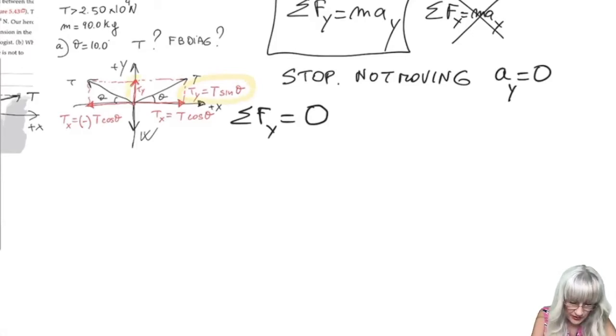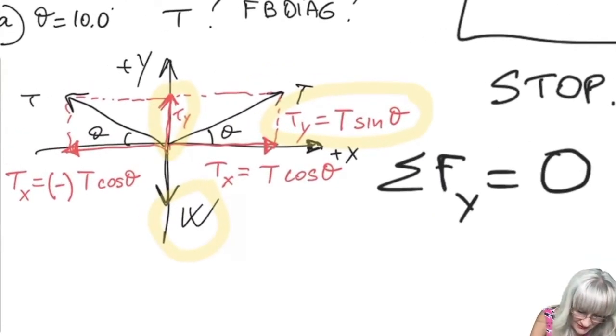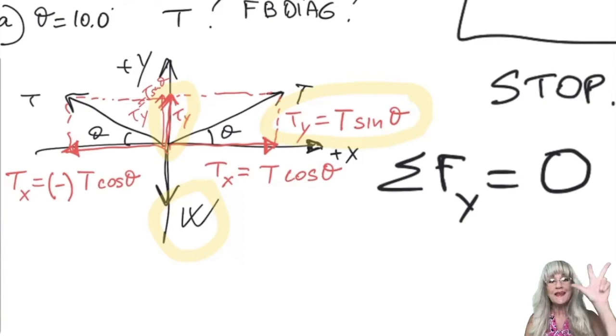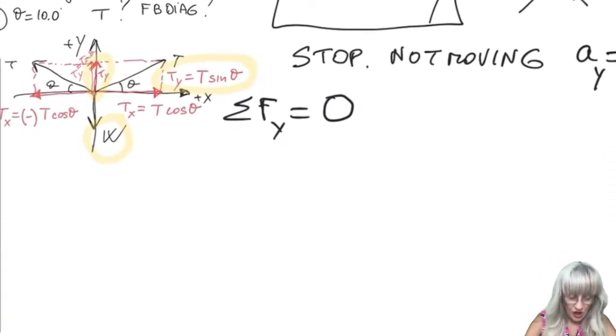Then this component, then I have this component, and I'm going to make sure that we don't forget that this T will also have its own T_y, which is exactly the same, T sine of theta. So three components of the force along this y-axis.